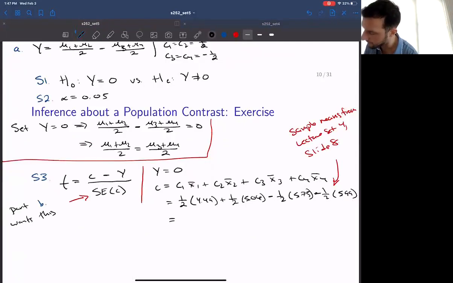That gives us negative 2.19. So hopefully you can start to see what's happening here. We're just building a test statistic.